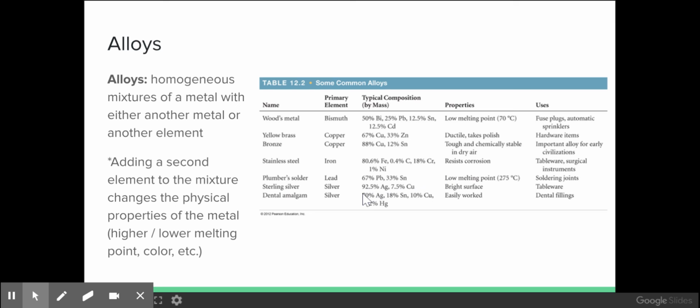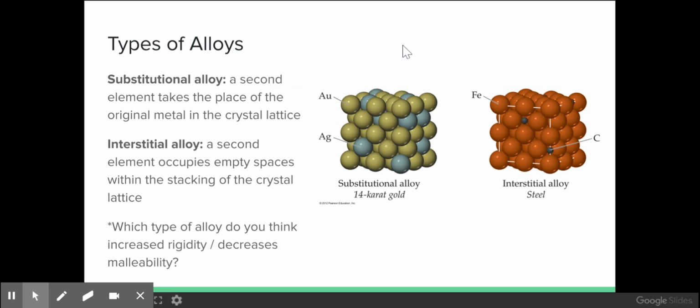We can also change the overall appearance. We can strengthen the metal, or we can make it cheaper. There are two types of alloys that we can form.